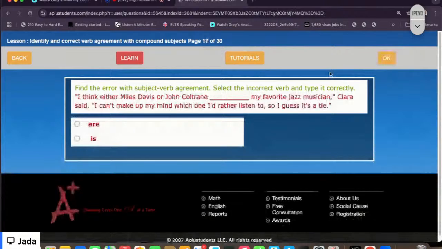So I think either Miles Davis or John Coltrane dash my favorite jazz musician. Clara said, I can't make up my mind which one I'd rather listen to, so I guess it is a tie. So, which is the right one here? Is or are?